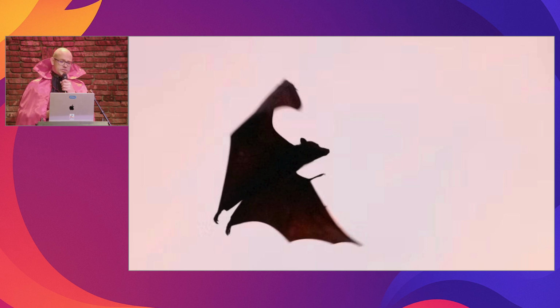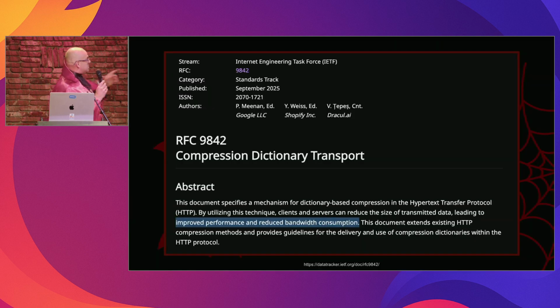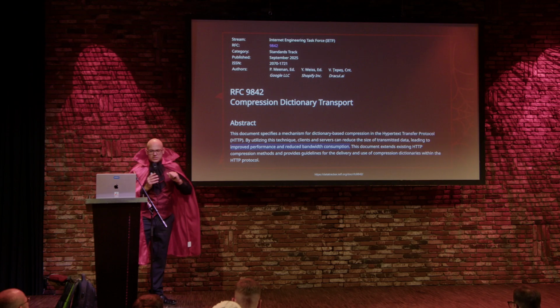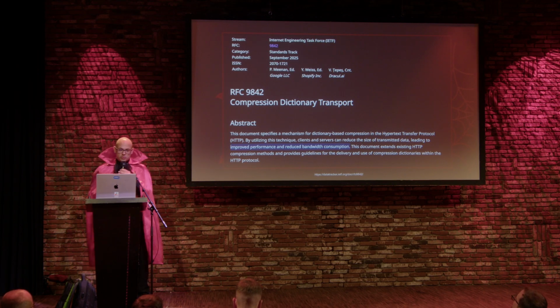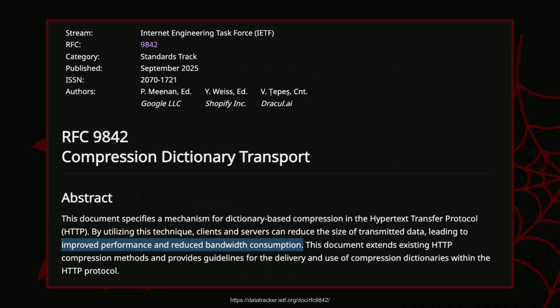This is why 2 years ago, these two excellent gentlemen reached out to me to see if we could bring some of this vampire technology to the World Wide Web. And this eventually became Compression Dictionary Transport. I, of course, had originally suggested a different name. Sadly, I was overruled, but still, the resulting technology is quite impressive.